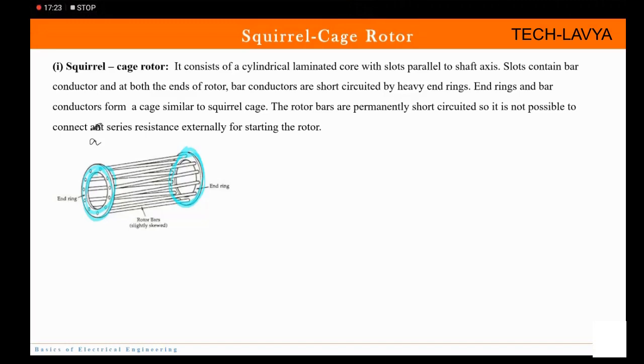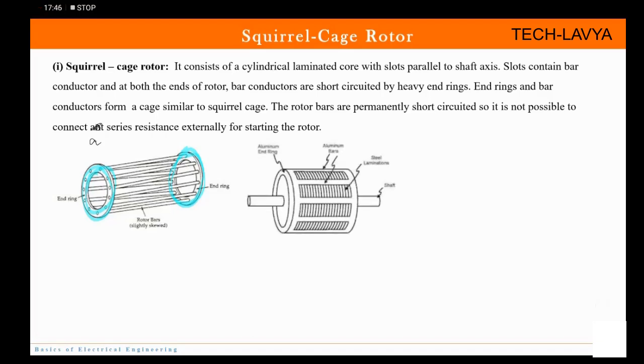How will I change the speed? By changing the resistance. But even if I connect the resistance, it will not have any effect because all the bars are short circuited. So the problem with the squirrel cage motor is that the control of speed is a problem here, because you cannot modify the circuit.